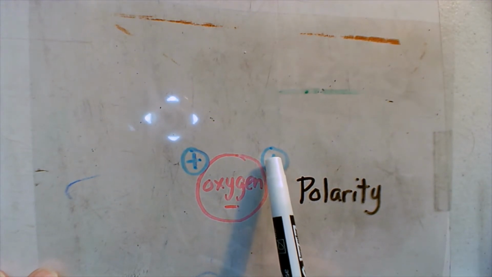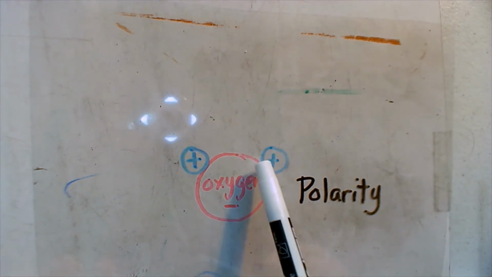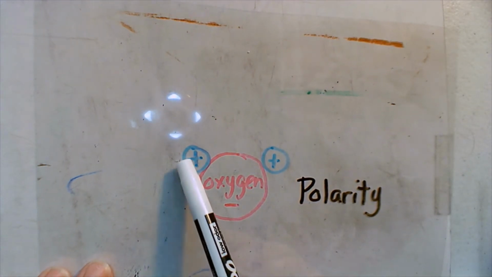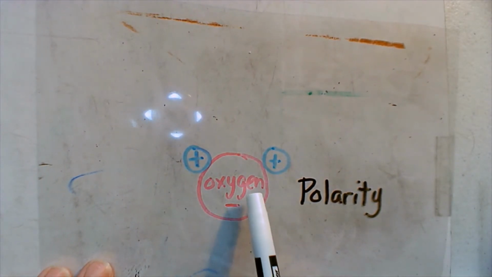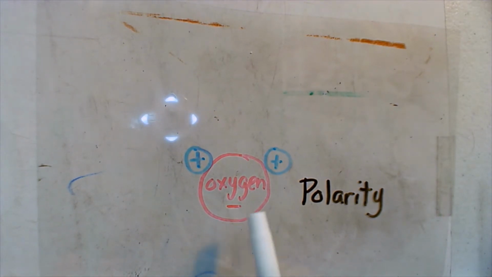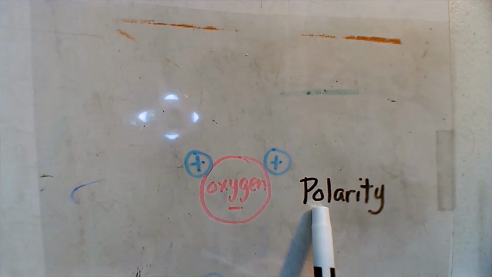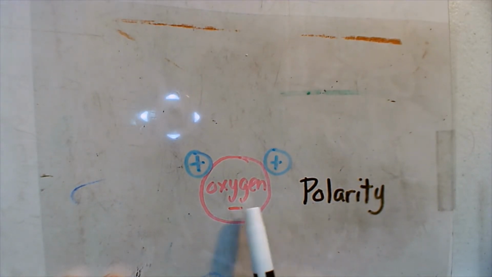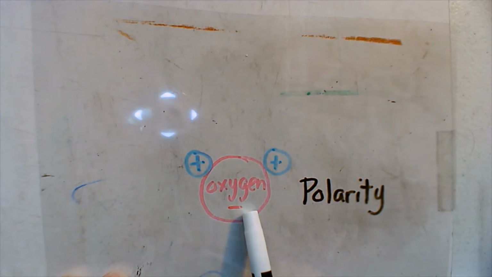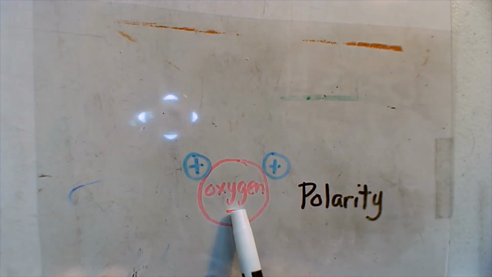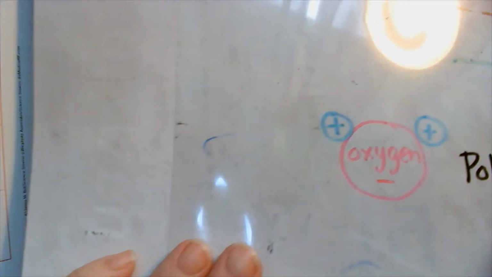And so because the oxygen has more protons, it pulls more strongly on those electrons. So they hang out with the oxygen more than they hang out with the hydrogen. And so because of that, it causes a slight polarity, just like the poles, like magnetic poles or the poles of the earth that we've talked about. That's what that word polarity comes from. So the oxygen is slightly more negative, and the hydrogen is slightly more positive.